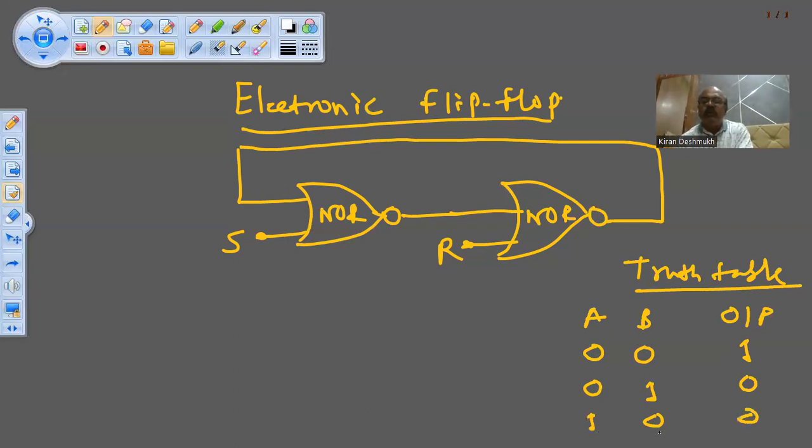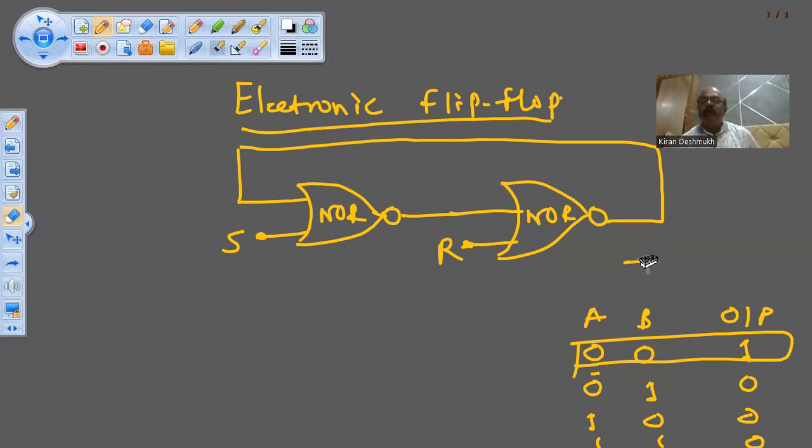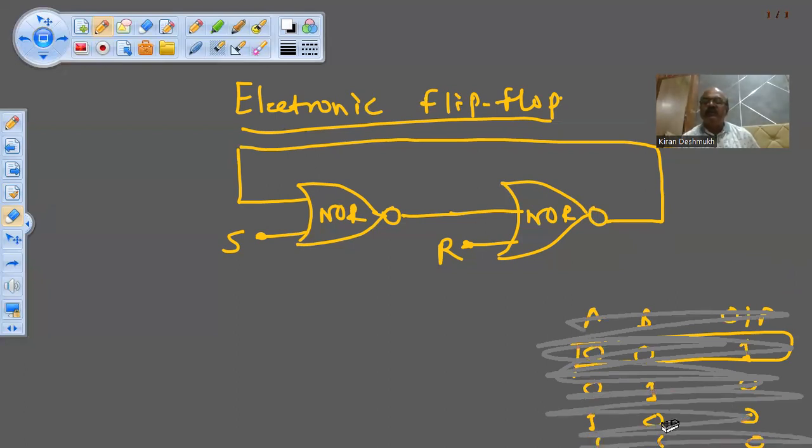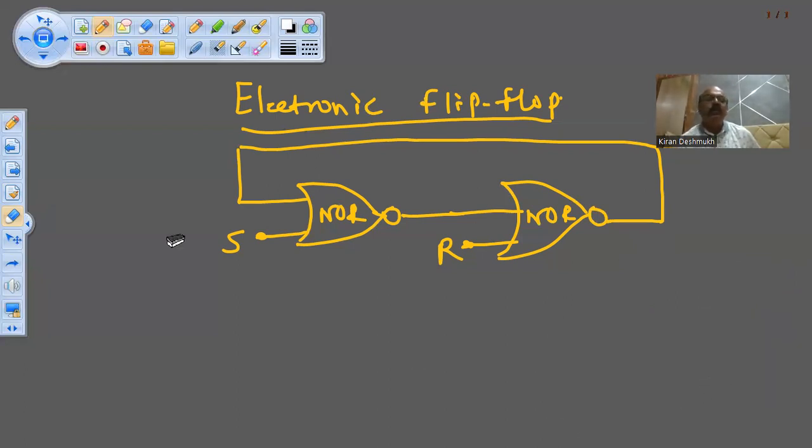When both the inputs are 1, the output is 0. So output is 1 only when both the inputs are 0. This is important, so you have to remember this. We already discussed all these gates in the last semester syllabus, so I don't repeat that. I've just given you the hint.